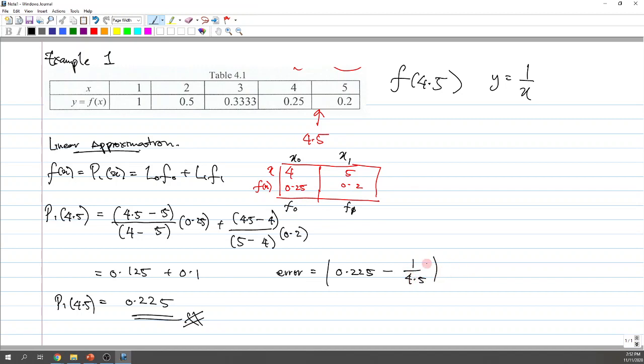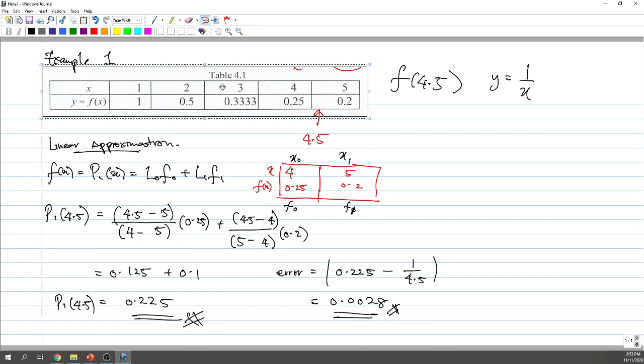So equal to 0.0028. Kita dah siap lah untuk 1 point. Mesti nak angkat ni pen. Okay, so now settle for the linear approximation.